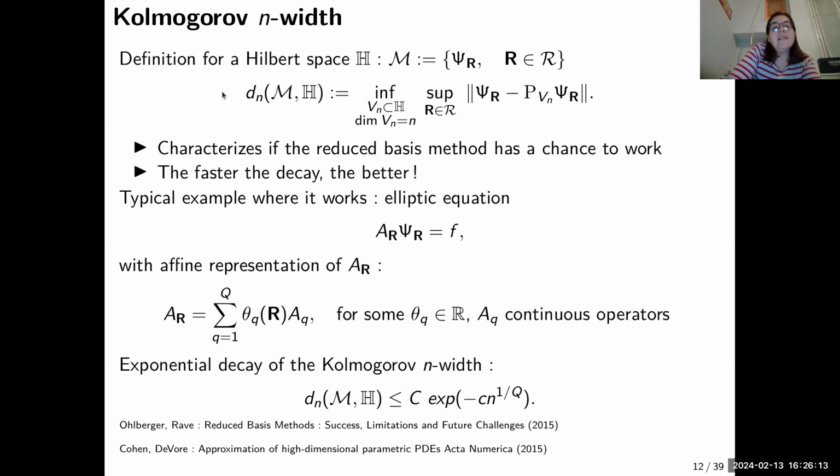And if this Kolmogorov n-width decays rapidly with n, this says that linear reduced order modeling techniques can be efficient to approximate my solution set. So this is the case in particular for elliptic equations.